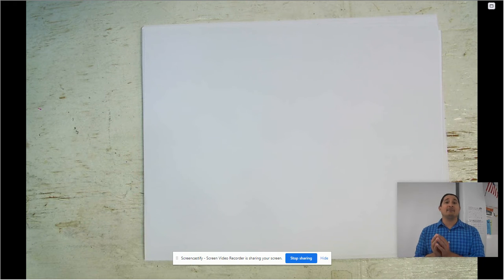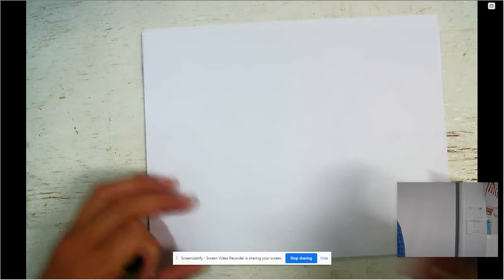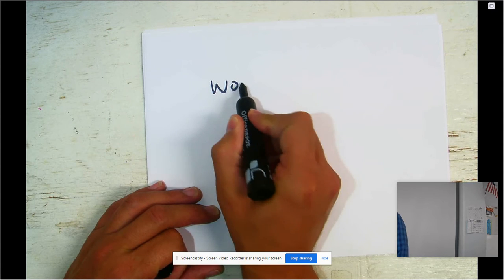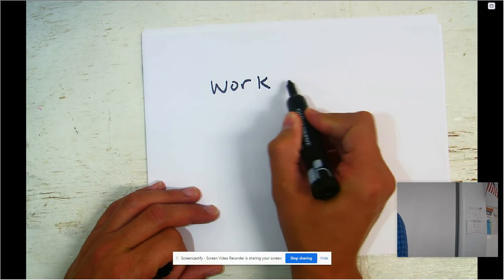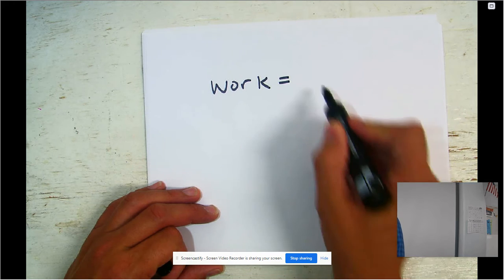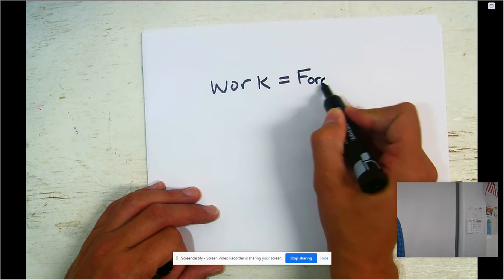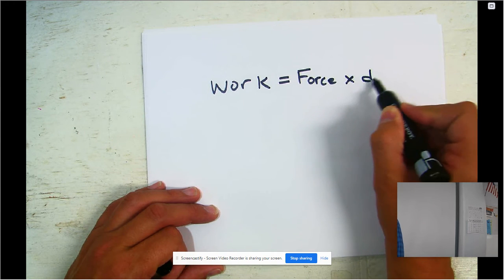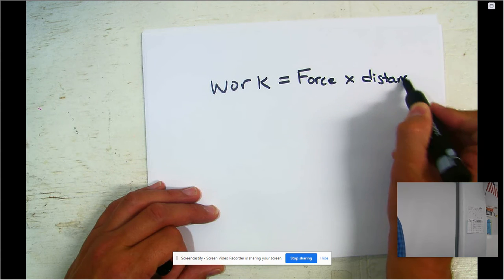And we have an equation for work. It's applying a force to an object, and if that object moves a certain distance, then we have work done. So let's take a little bit closer look at this. Work is equal to force times distance.